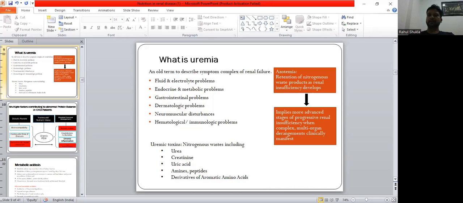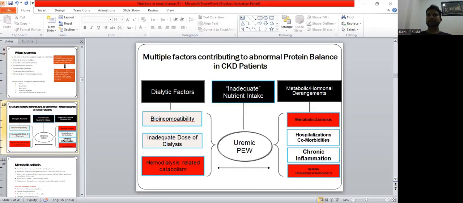Uremic toxins are different types of molecules like urea, creatinine, uric acid, amines and peptides, and derivatives of aromatic amino acids. These are complex molecules leading to multi-system dysfunction.